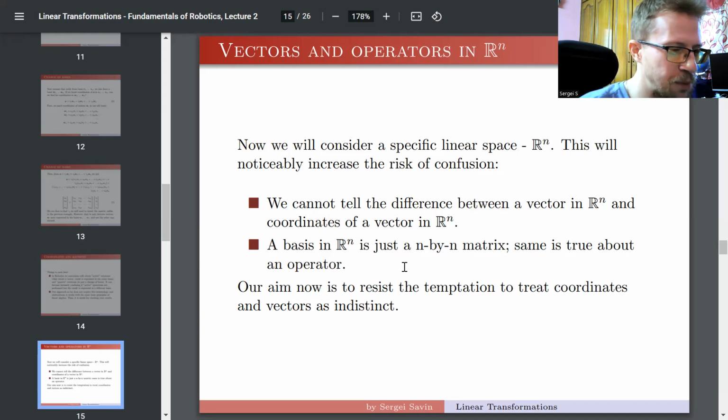Before we were talking about abstract vectors, and there, as soon as you tried to think about columns, I could stop you and say, no, this is not a column, this is an arrow or something. Right now, it will be difficult for me to stop you, but I still want you to think about abstract vectors, even in Rn, okay?